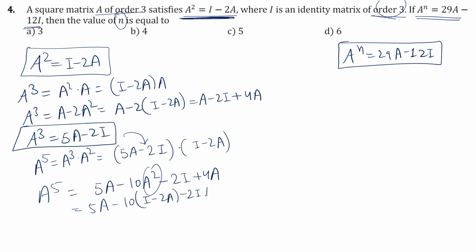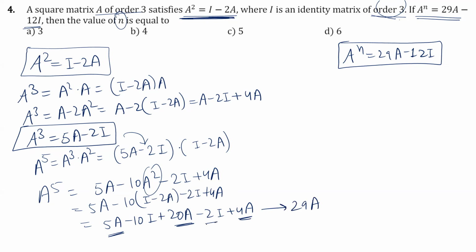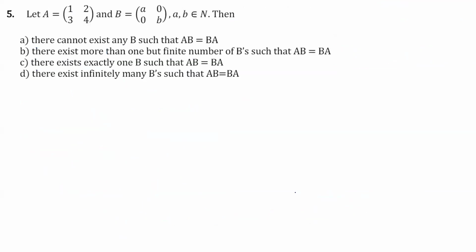Yes, so we have to keep utilizing that equation. So here 5a minus 10i plus 20a minus 2i plus 4a. So you can see 20a, 5a, 25a plus 4a, that means 29a, and minus 2i minus 10i, so minus 12i. Clear? So let's move to next question.